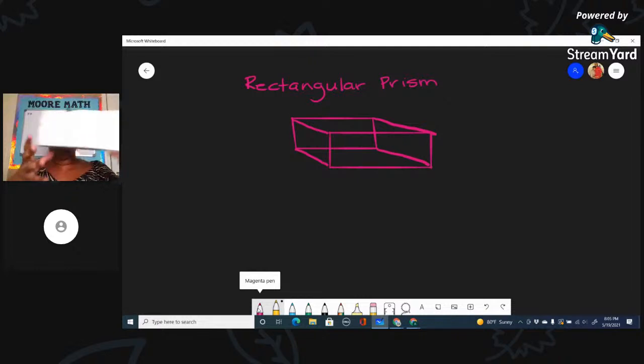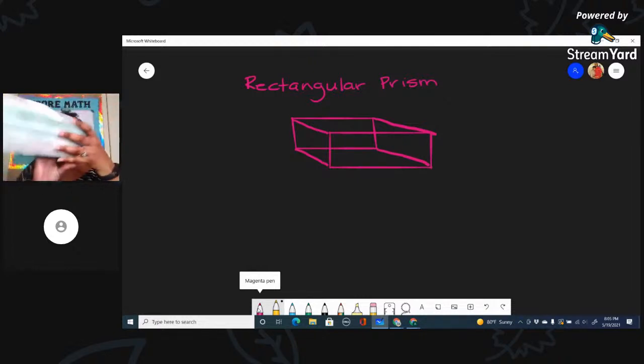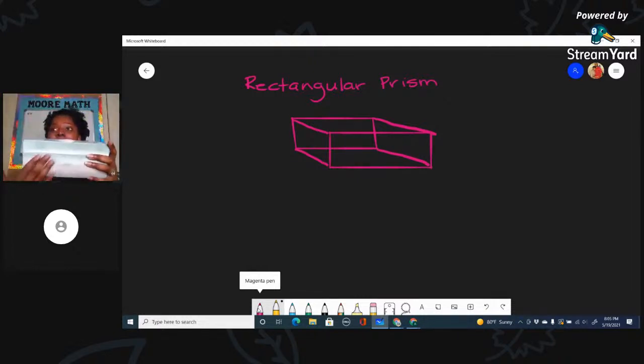We have a front and a back. We have a top and a bottom, and we have 2 sides. Do you know what surface area is? Like how we normally find the surface area? It's okay if you don't. No problem.